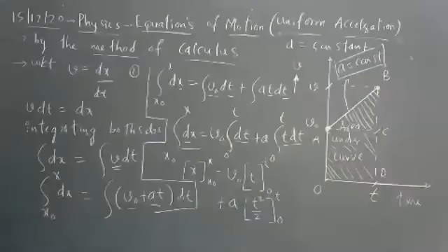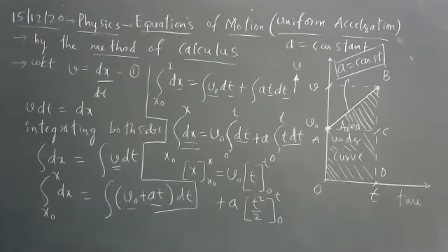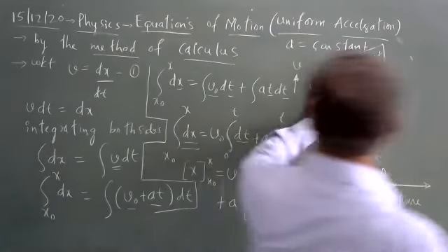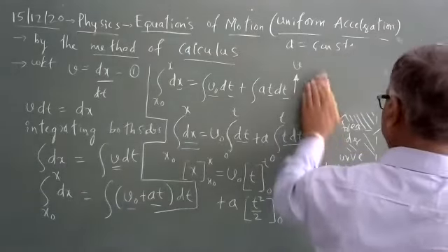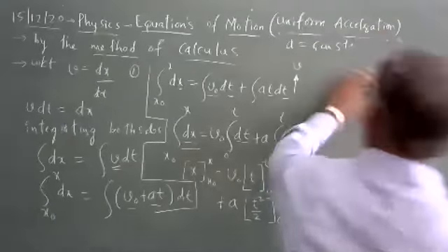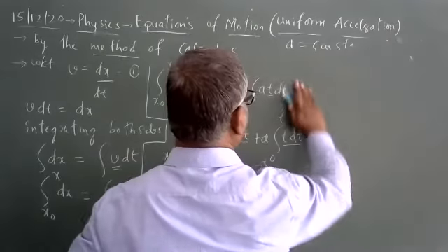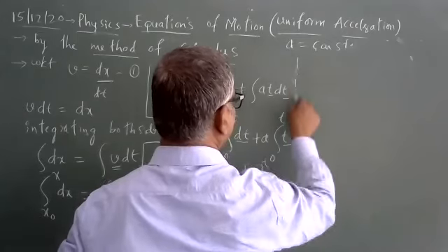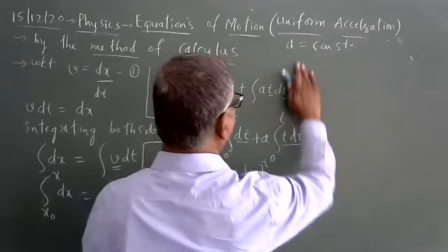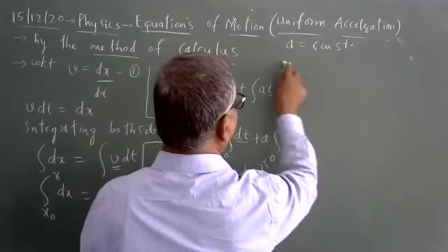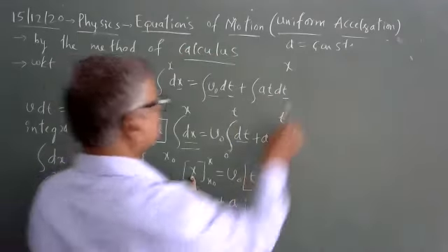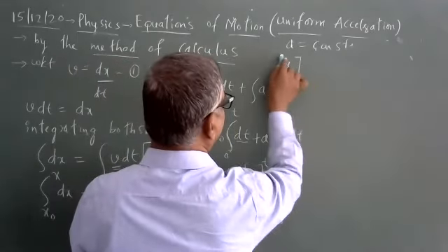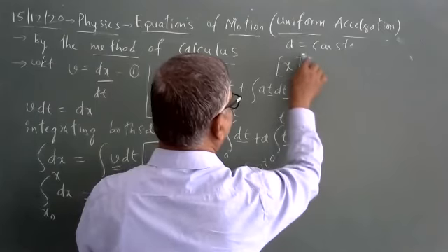The final simplification gives you a simple relation. Let me remove it. Yes. The final equation, from here I will have a final relation. X, lower limit, upper limit.